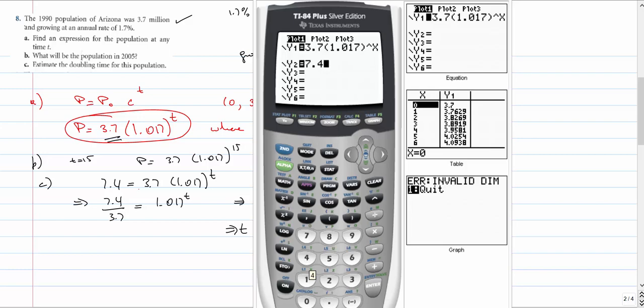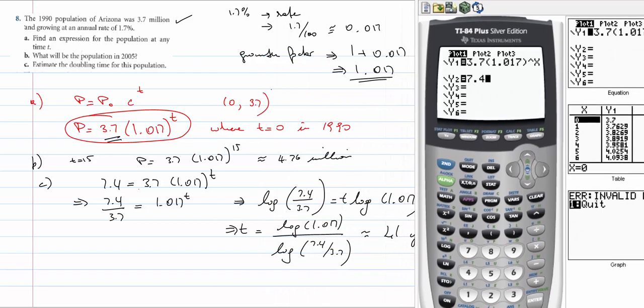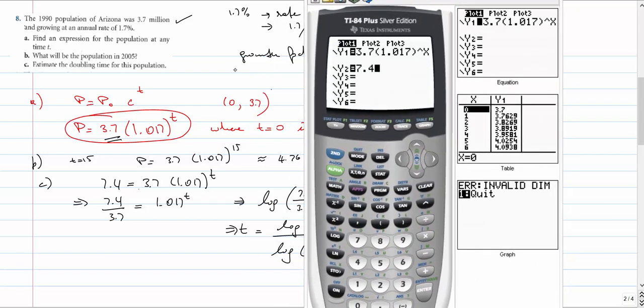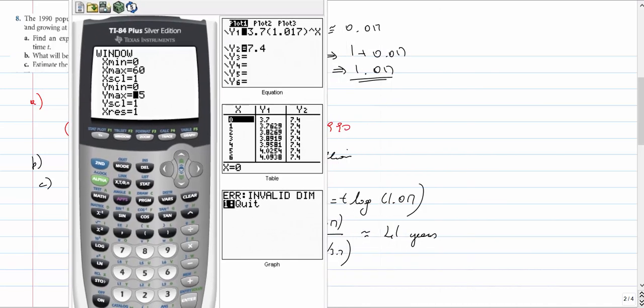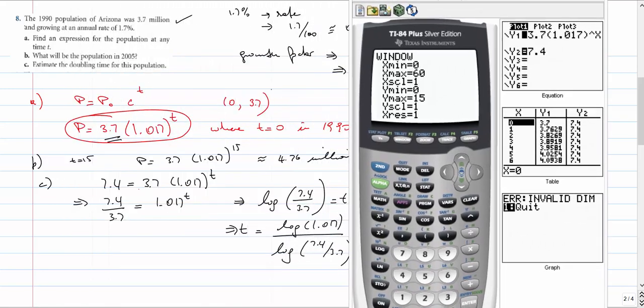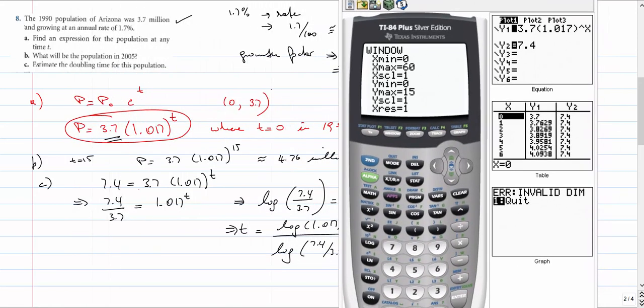Then let's set the window from 0 to 60 for x, which is my time, since we found 41. And the population from 0 to, let's say, 10.